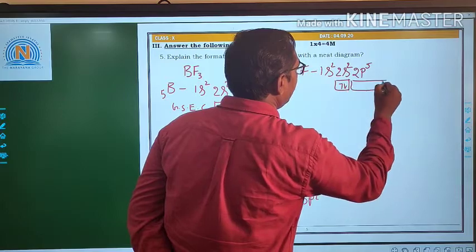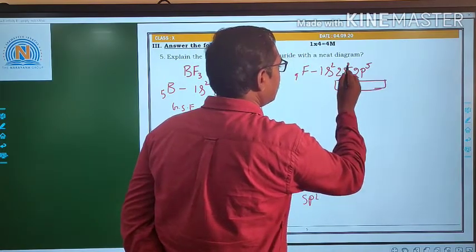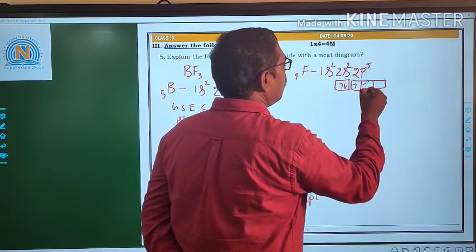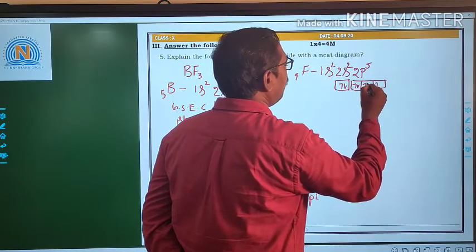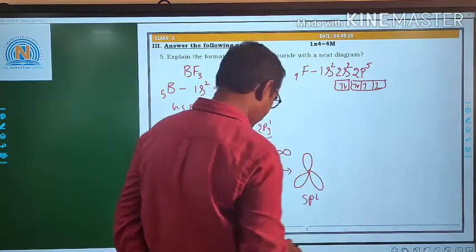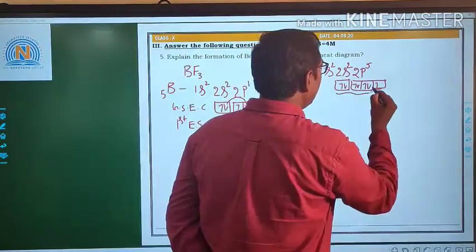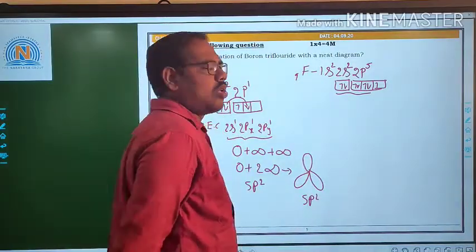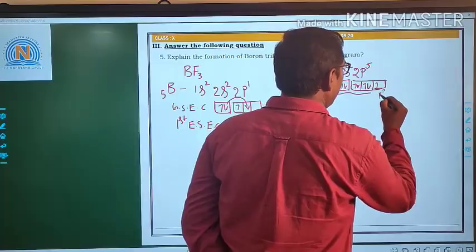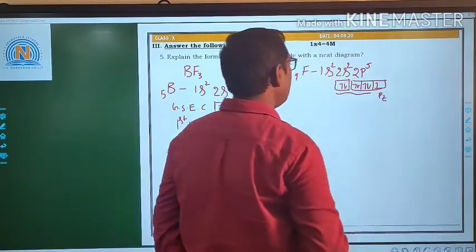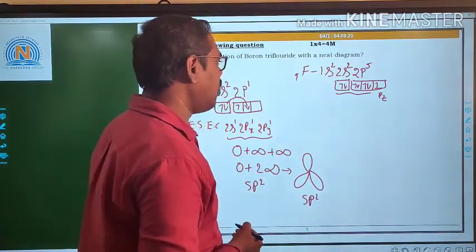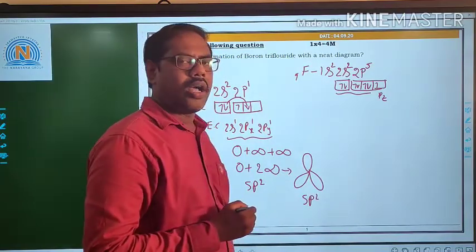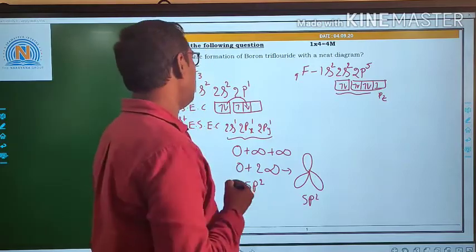The 2s orbital contains a pair of electrons, and in the 2p there are 4 paired electrons. One is the unpaired electron, which is present in the pz orbital. So the pz orbital of the fluorine atom overlaps with the sp2 hybrid orbitals of boron.